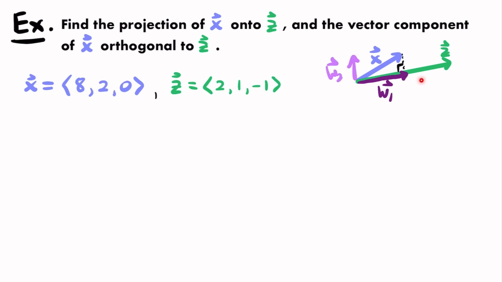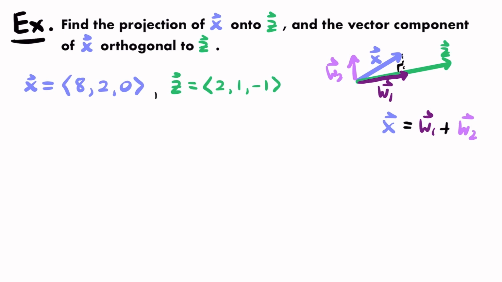It's perpendicular to vector z and reaches up to the terminal point of vector x. Okay, and so vector x will be equal to the addition of those two vector components, vector w1 and then vector w2. Okay, so those are the two vectors we're looking for in this problem.